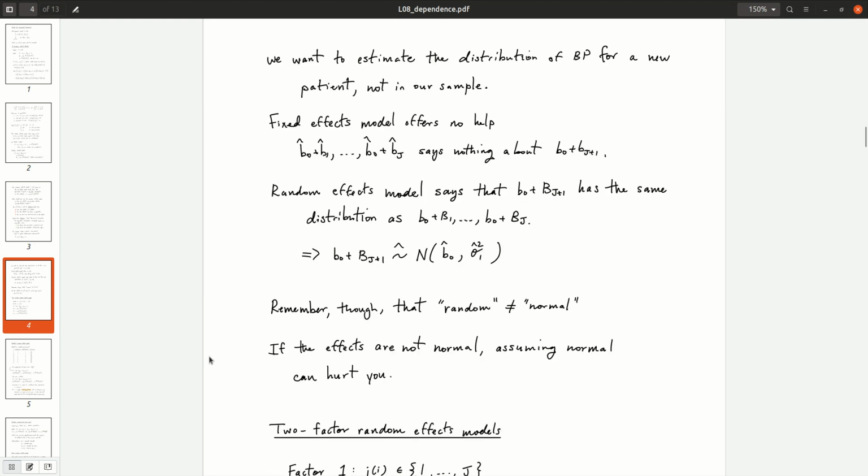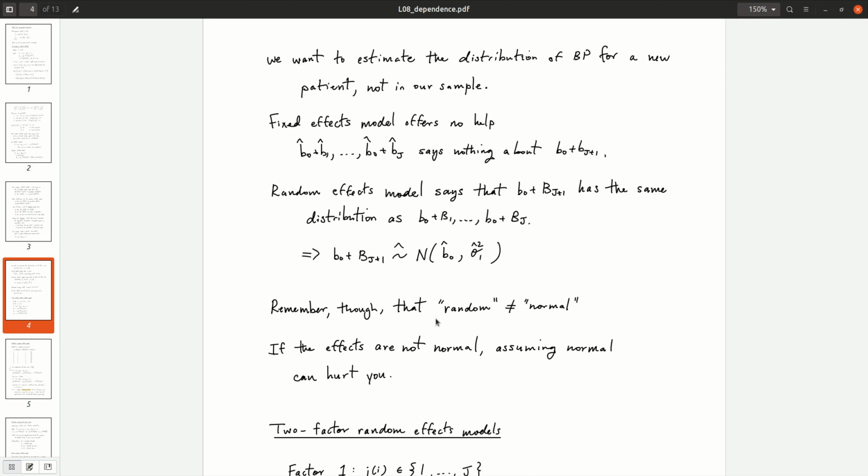Now, some caveats. The word random is often used to describe these models. We call them random effects models. But more specifically, the models we've written down are normal random effects models. So it's possible that you have a collection of blood pressures that come from a distribution that doesn't happen to resemble a normal distribution.